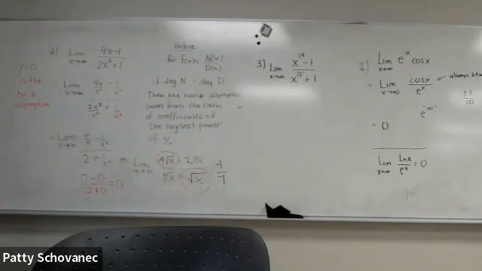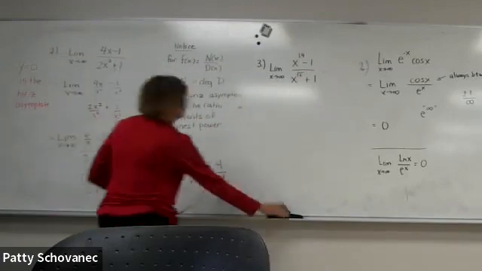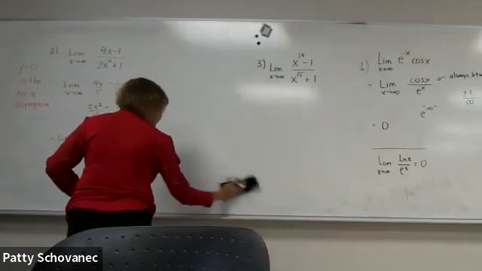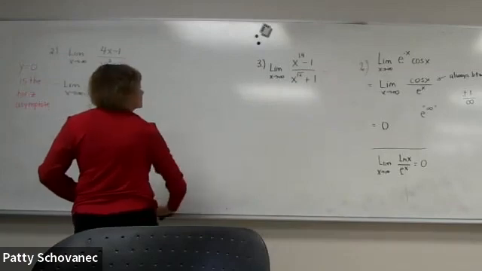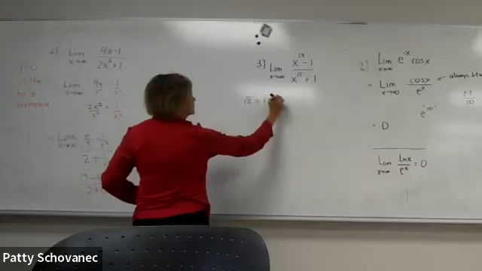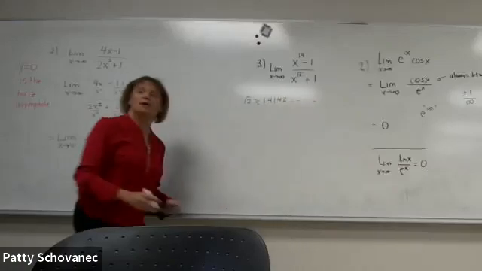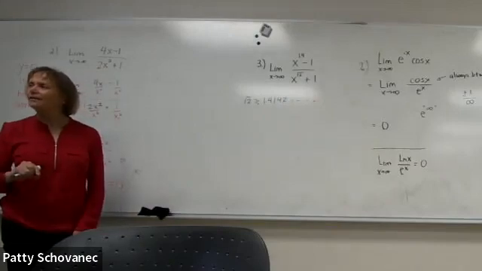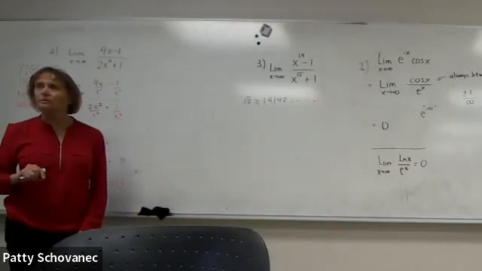Got a calculator? Punch in the square root of 2. It's 1.4, 1, 4, 2. Blah, blah, blah, blah. It goes on forever. But ever so slightly, it's bigger than 1.4.